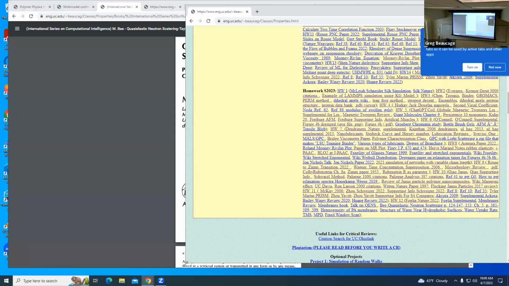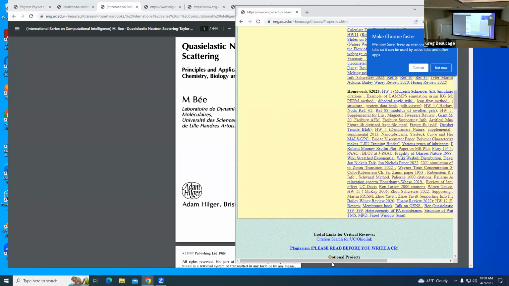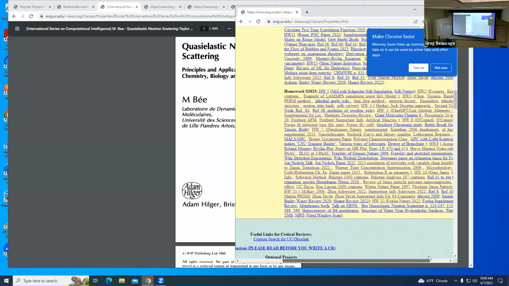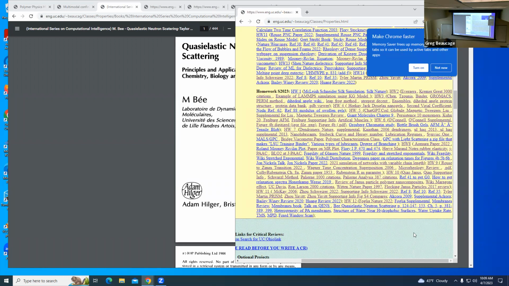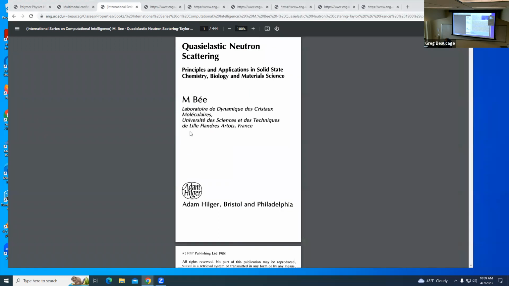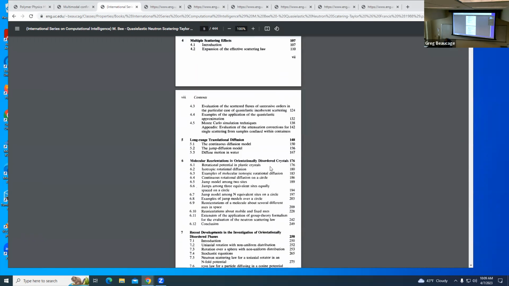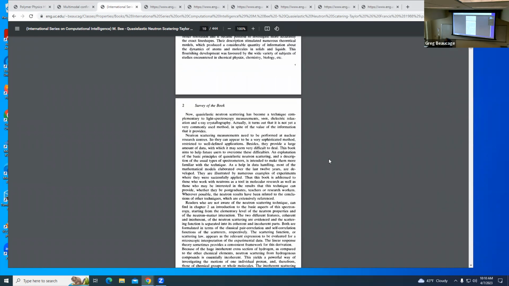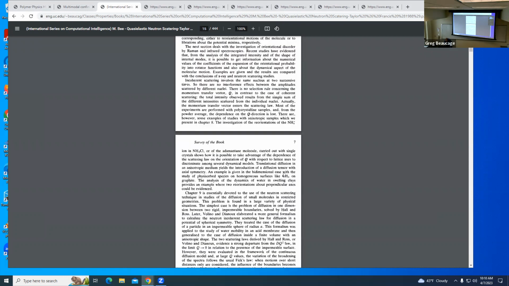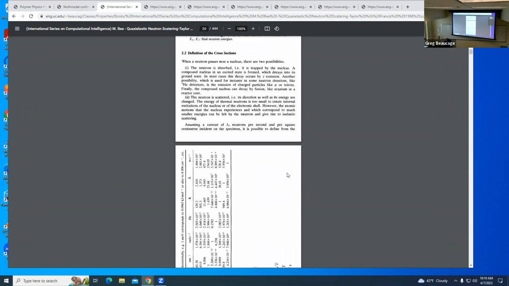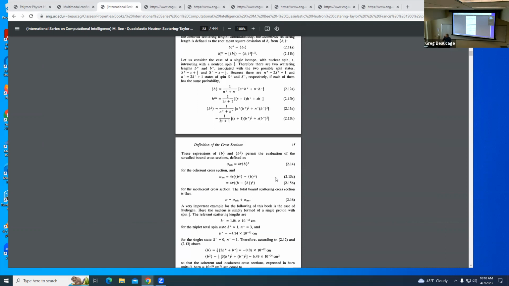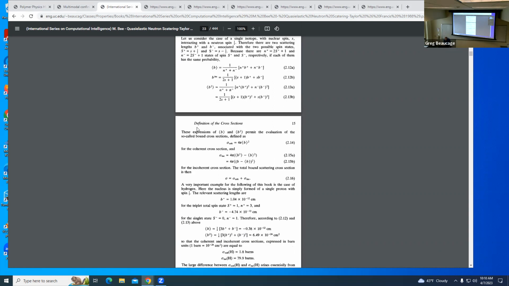Like the first part of that book is just physics of neutrons, and it's too far off track. Then I'm saying 124. It's from 1987 or so, so it's an old book, but it's when they first developed quasi-elastic neutron scattering at Grenoble, France. He was at a school near there and wrote a book about what was going on.